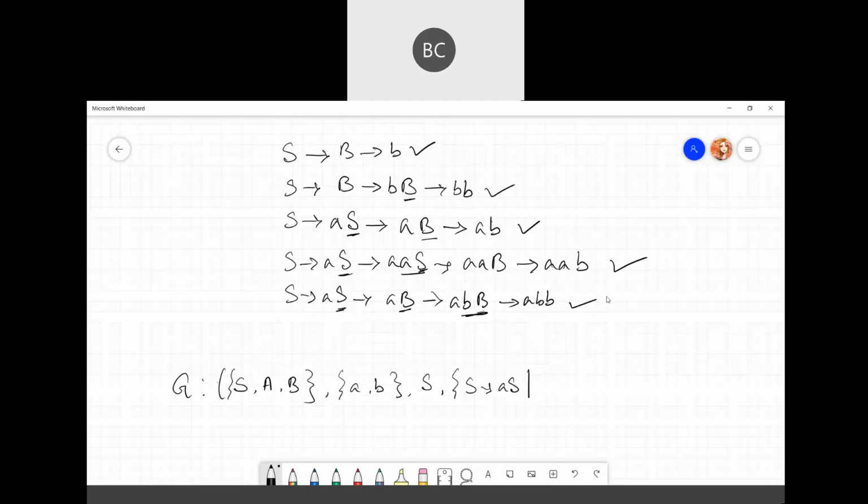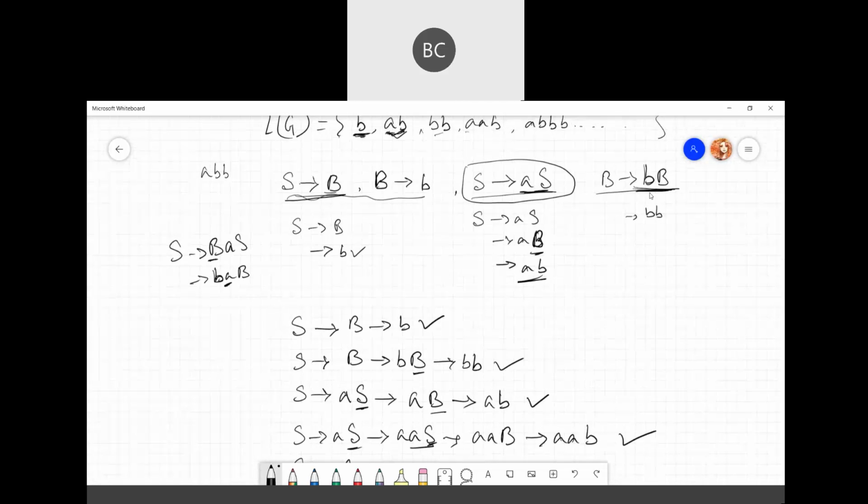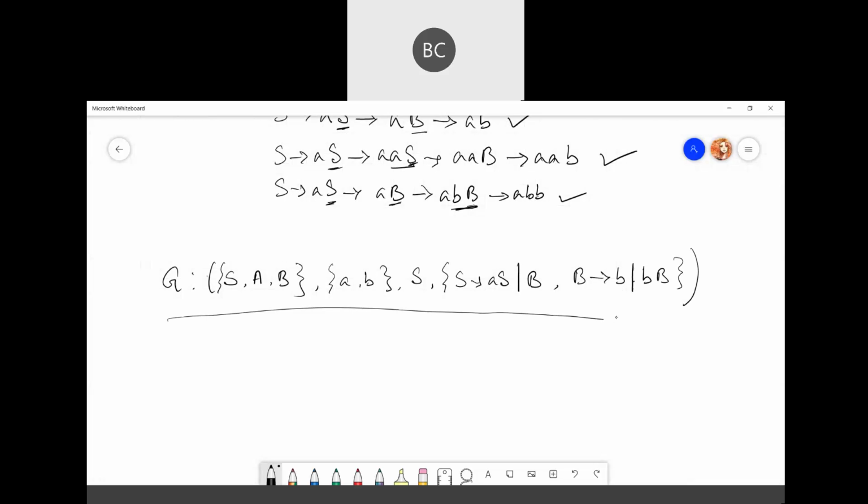Another you took from S, you can go to B. Another production you took, B goes to small b. And B also goes to small b capital B. So these are the production rules we have used, and this is the grammar for the particular language.